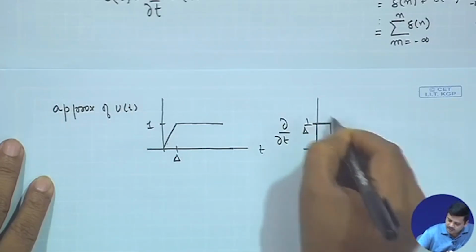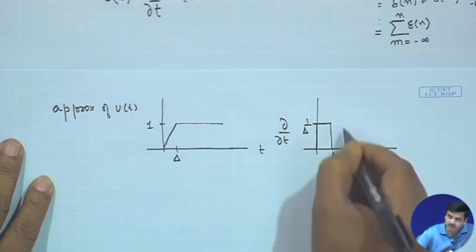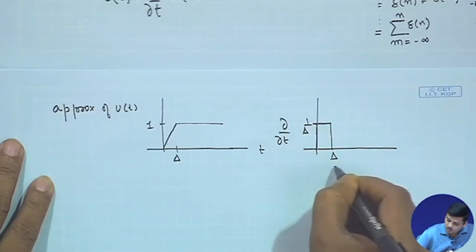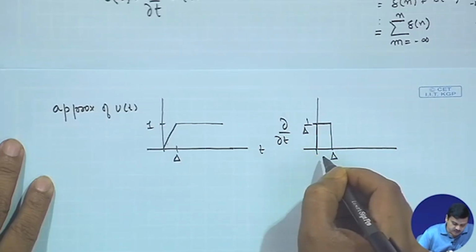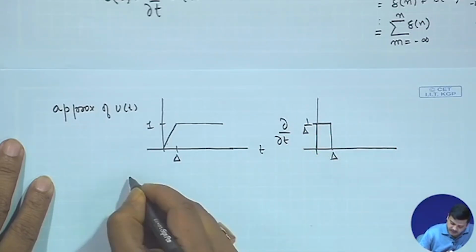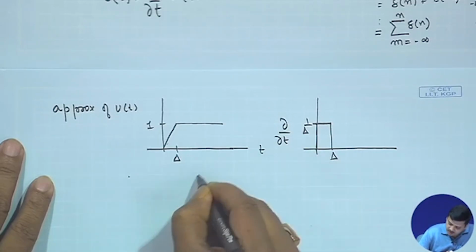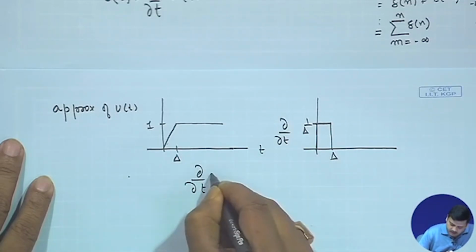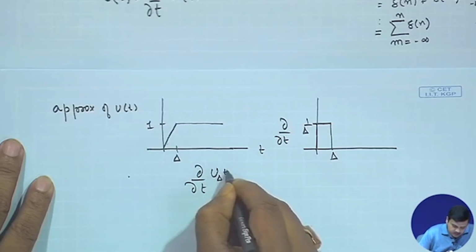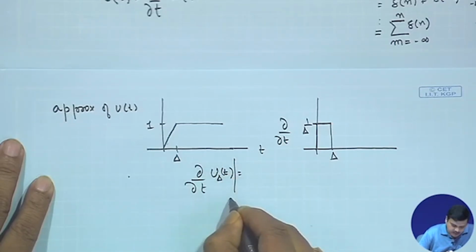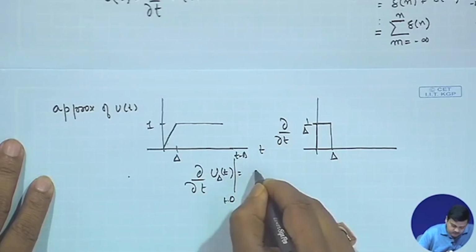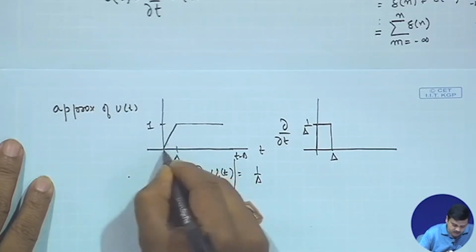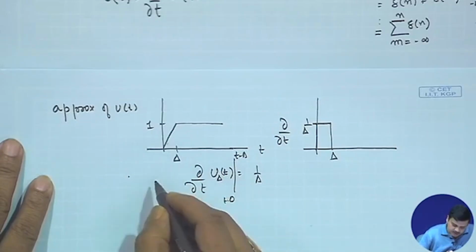So, if you take the area of this with limit delta tends to 0, you are going to get a value of 1 upon delta multiplied by delta. So, that means the area has been restricted to 1. At this point we could write d dt of u delta t, evaluated between 0 and delta, equals 1 upon delta in this whole period, and we are basically approximating.